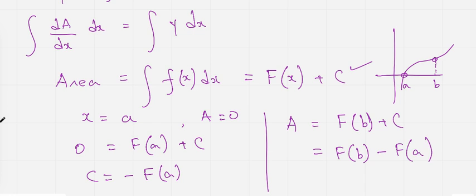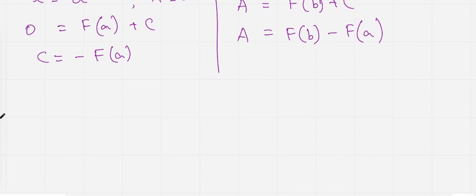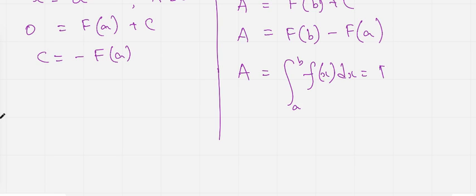So like that, this is the formula of your definite integral according to the first fundamental theorem of calculus. So the area calculated by means of this integral is equal to f of b minus f of a.